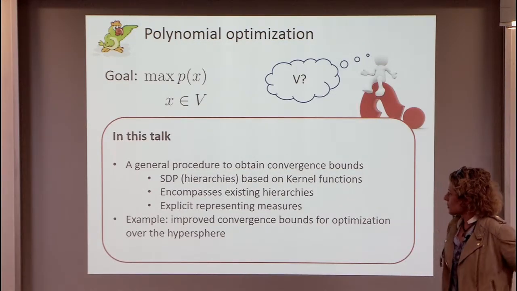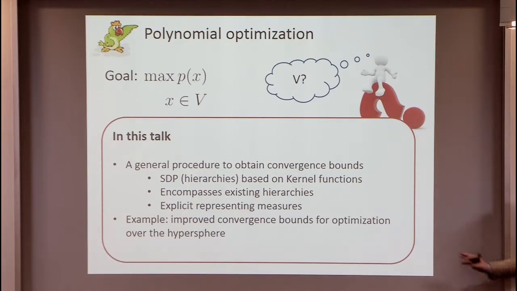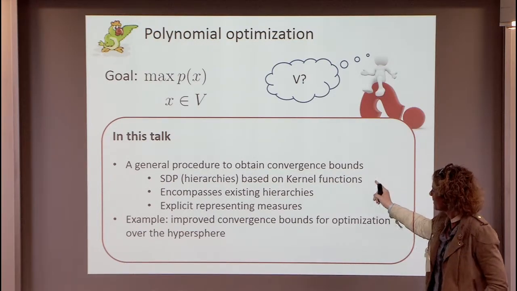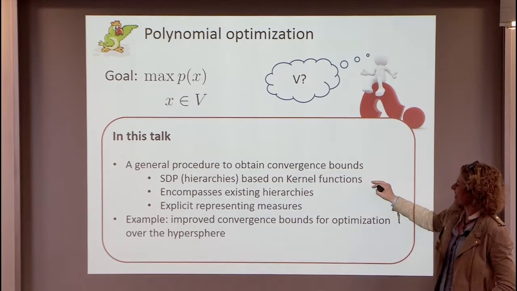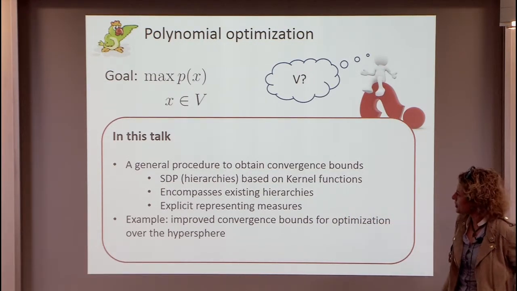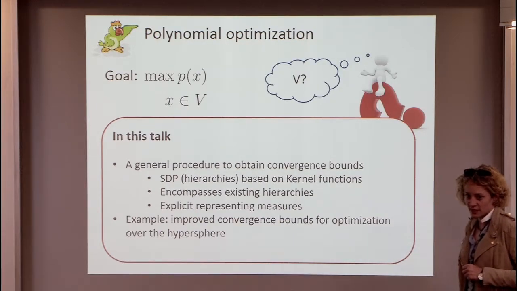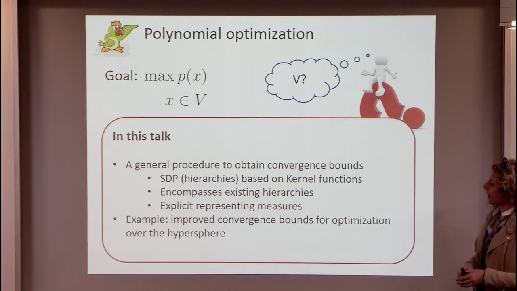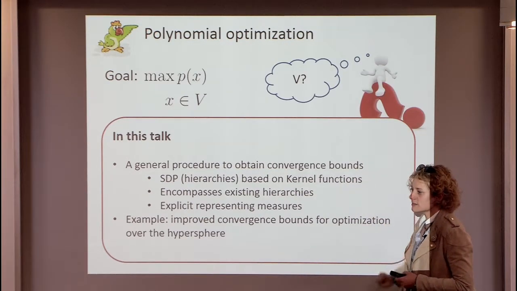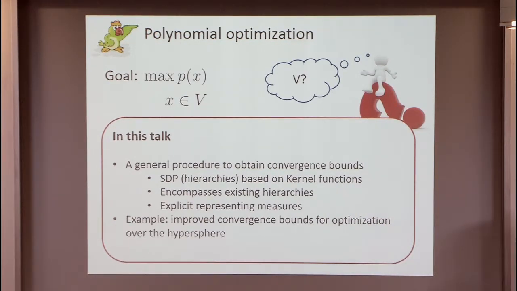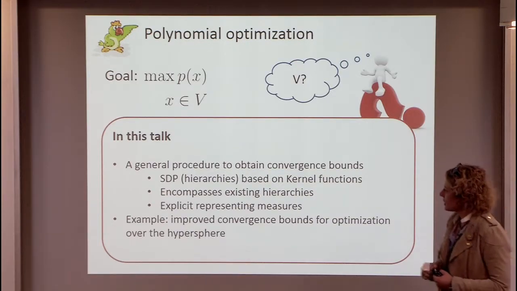So what is going to happen in this talk? If you only remember one thing, you can read our paper in the nearby future. We have a general procedure to obtain convergence bounds for semi-definite programming hierarchies. These convergence bounds are based on so-called kernel functions. I will explain to you what that means. For every kernel, there will be some kind of convergence guarantee.